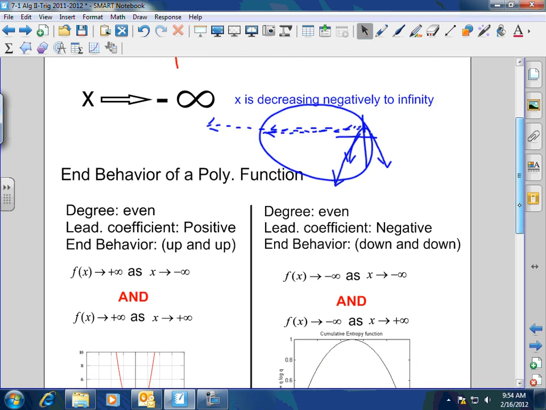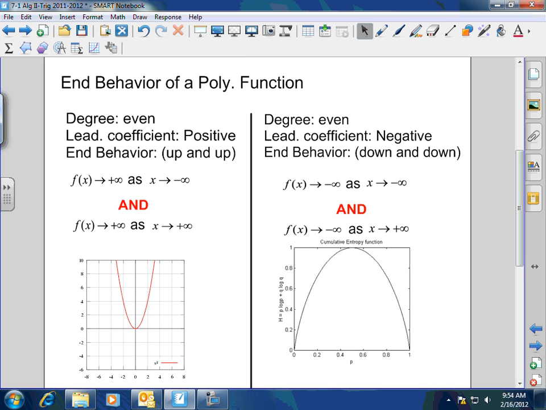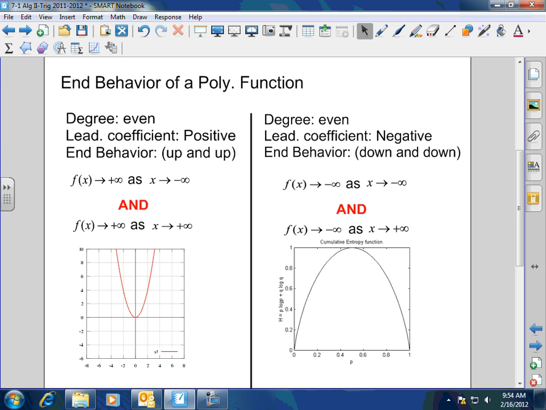Now, let's go ahead and get rid of this and talk about what we have to memorize: the end behavior of polynomial functions. First of all, if the degree is even and the leading coefficient is positive, the shortcut that I like to use is what I call up and up.